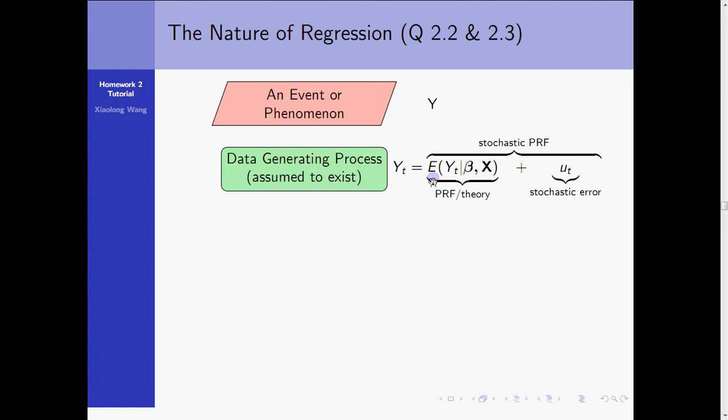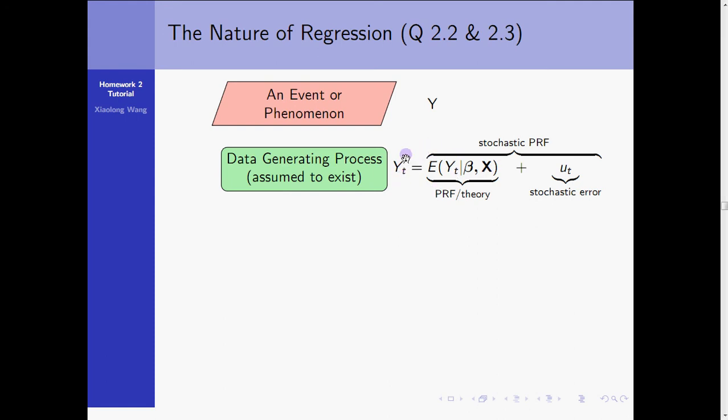But in reality, this may not necessarily be true, because a person may have a low level of education but still earn a lot of money. That's the difference between Y_t and the conditional mean of Y_t. So the population regression function really describes an average relationship between X and Y. So that's in the average sense.